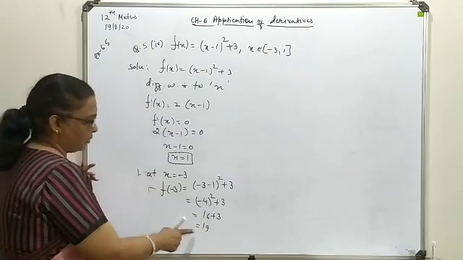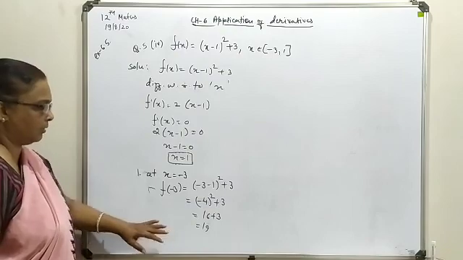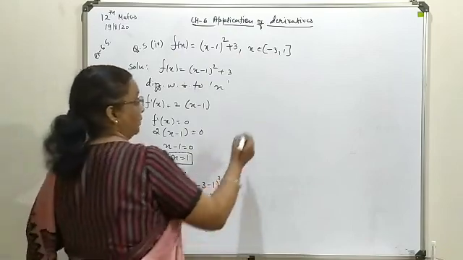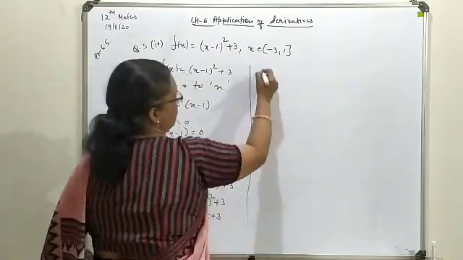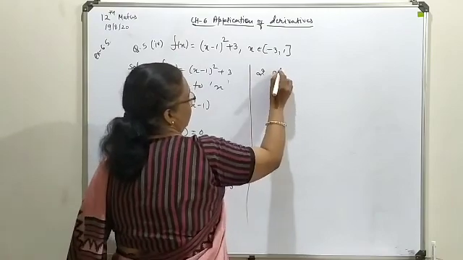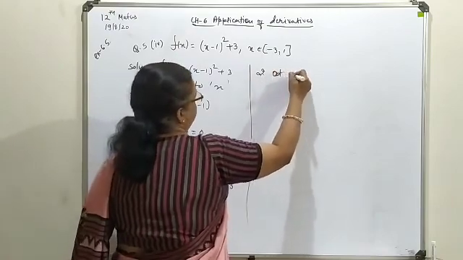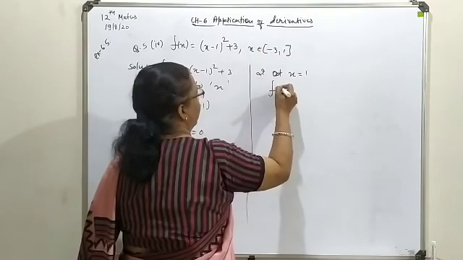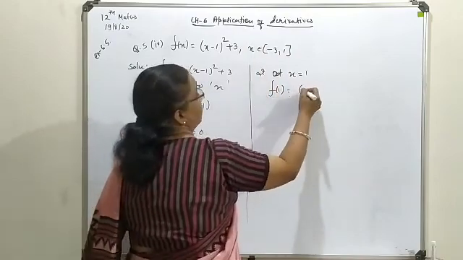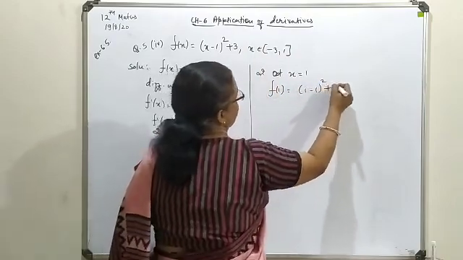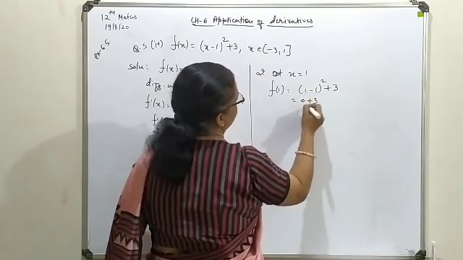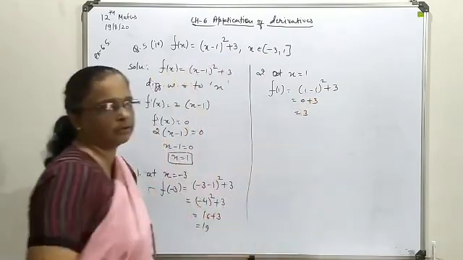So at x = -3, the solution coming out is 19. Second, at x = 1, f(1) means (1 - 1)^2 + 3. This is 0 + 3, means finally we are getting the solution as 3.